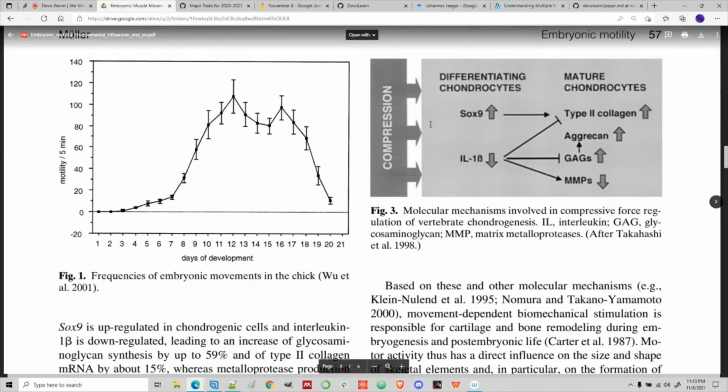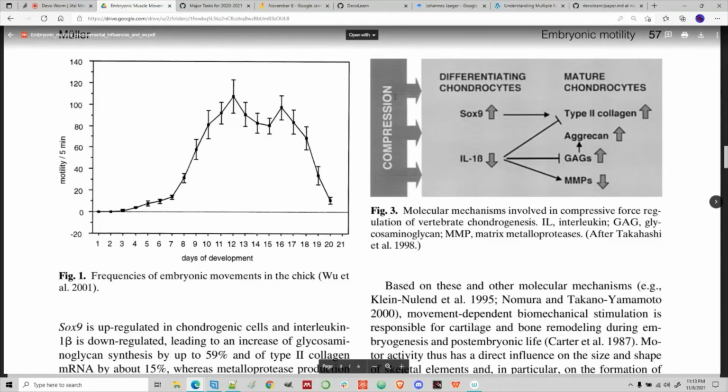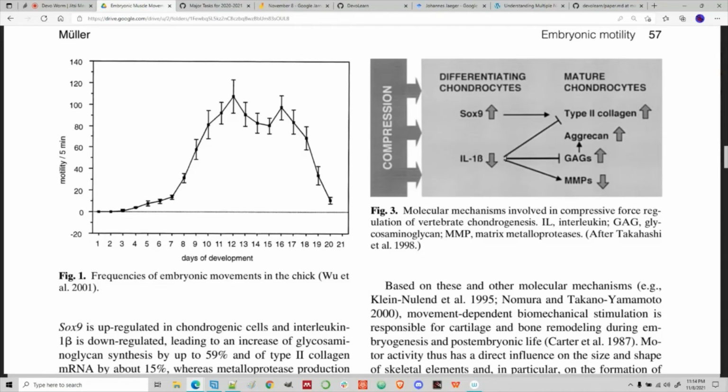If you apply compression to cartilage or cells that are going to take on a cartilaginous fate, it triggers these molecular pathways. It triggers these growth factors like collagen and GAG and MMPs, and these things will actually stimulate the development of chondrocytes and the development of cartilage.